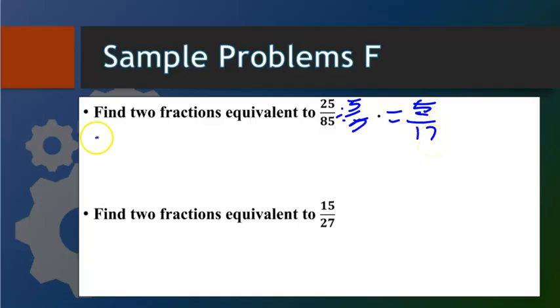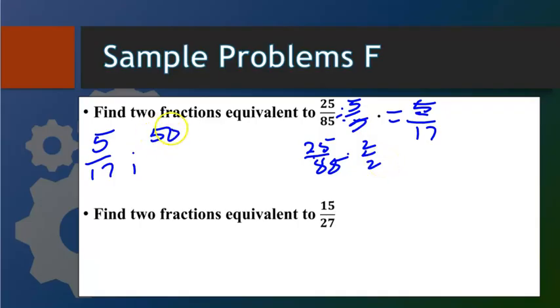So one fraction would be 5/17. And then I can't reduce that any further, so what if I go back to the original one, 25/85, and I multiply this by 2/2, which will give us 50, and 85 times 2 will give us 170. So those would be two possible equivalent fractions.